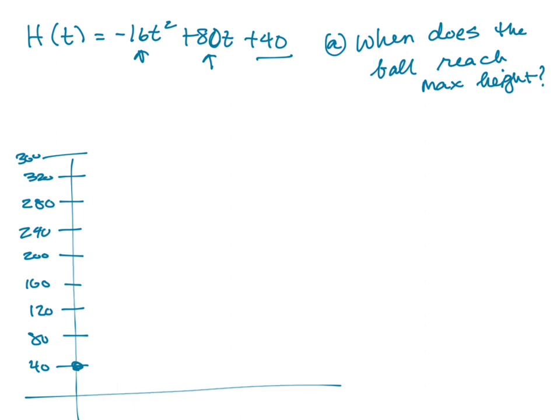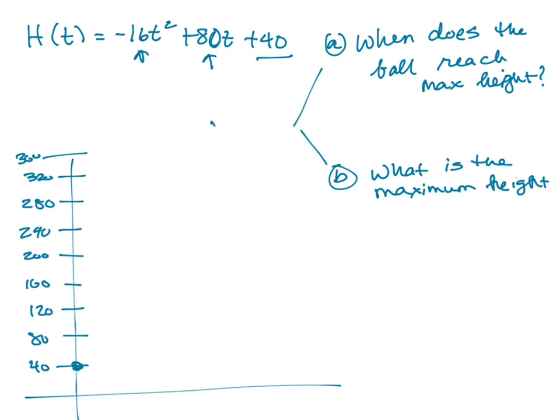And which part of the vertex? Okay, so let's ask question B. Question B says, what is the maximum height? I'll tell you that both A and B are about the vertex.